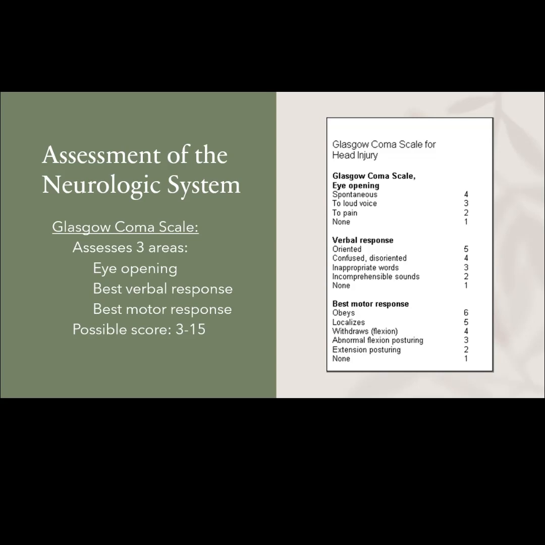If they localize the pain, then they're going to get a score of 5. So this means that they can recognize where the pain is and they can push away from it. So maybe they move their foot in response to pressure on the foot. That indicates that they are localizing, or they are recognizing that pain.